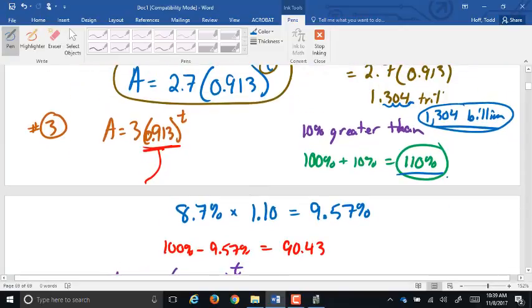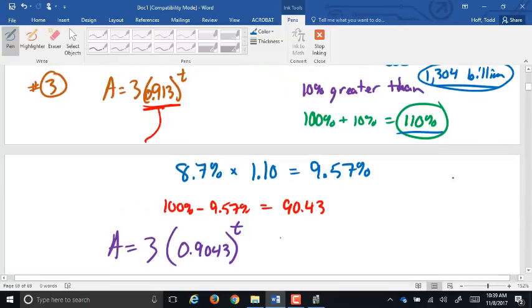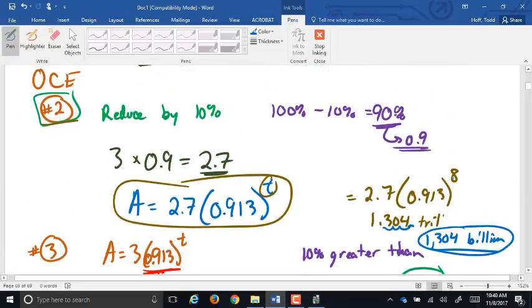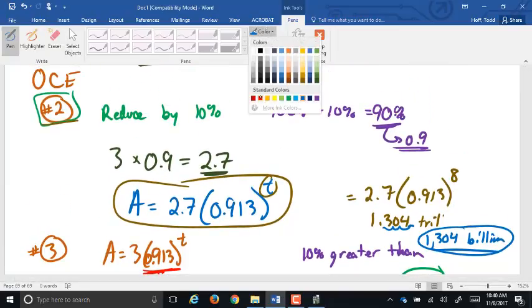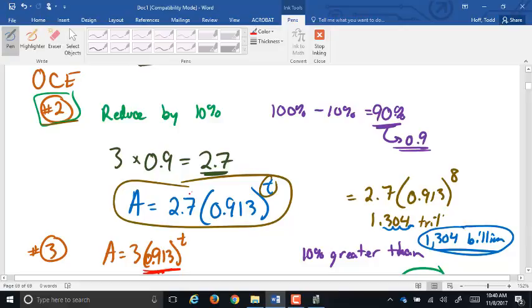Well, part B. Well, let's see. All it's asking us to do is, what's the change? Okay. This is actually something you don't even really need to calculate. If the starting value in an exponential model is 10% less, the value at every year is going to be 10% less.